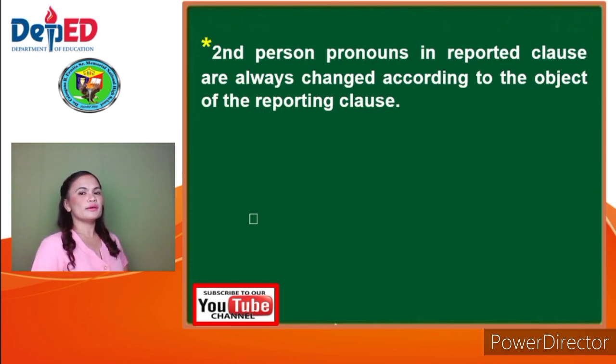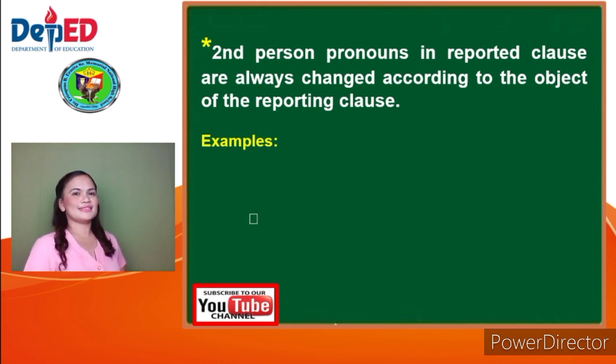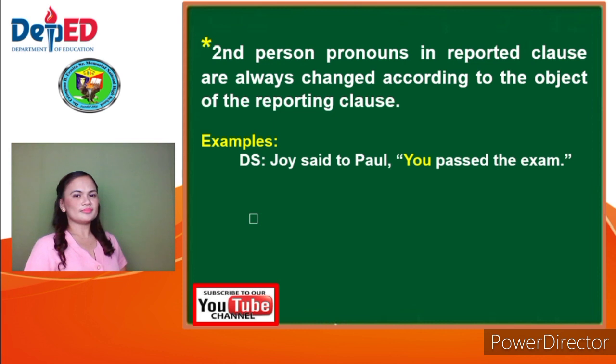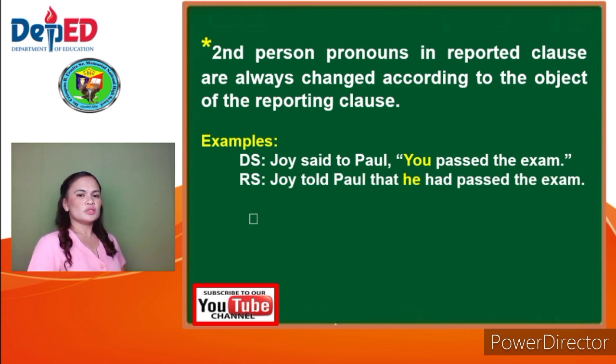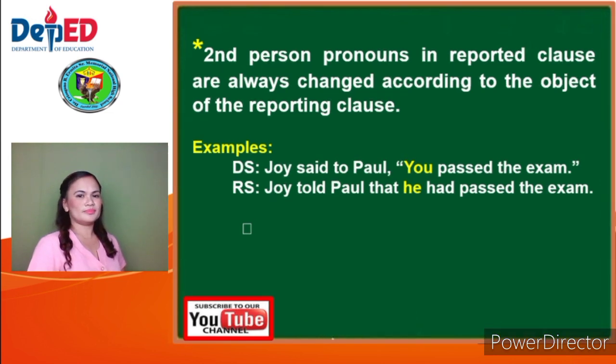Second person pronouns in the reported clause are always changed according to the object of the reporting clause. Example. Direct speech: Joy said to Paul, "You passed the exam." Reported speech: Joy told Paul that he had passed the exam.